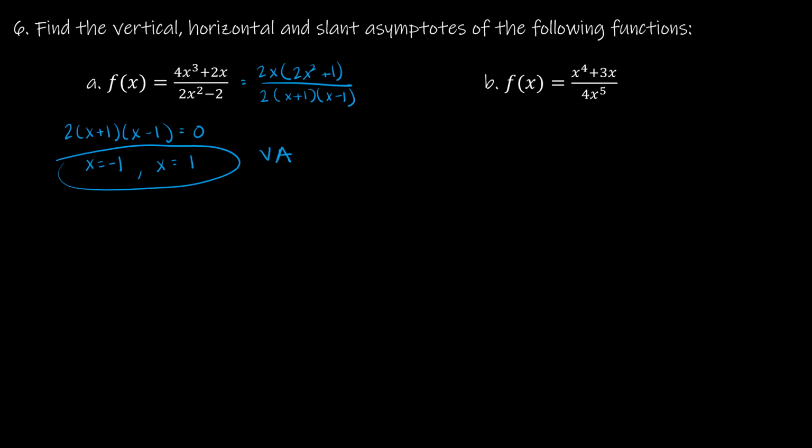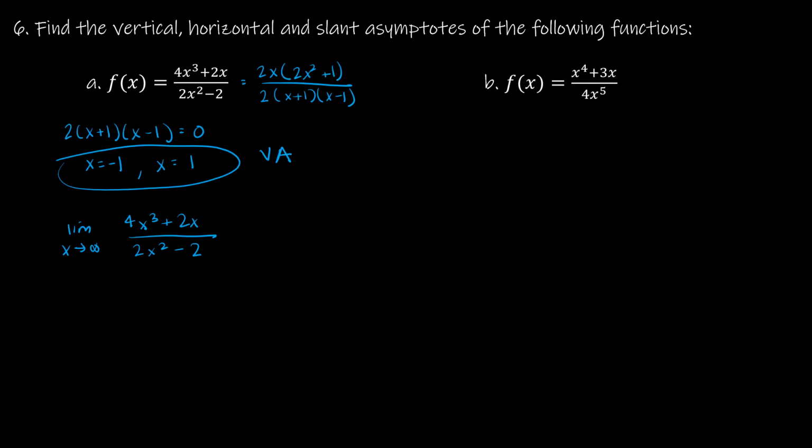In terms of horizontal or slant asymptotes, we're really looking at the limit as x approaches infinity of our function. So I'm going to go ahead and write that in the original form. And if you get a value when you do this, that's going to be a horizontal asymptote.